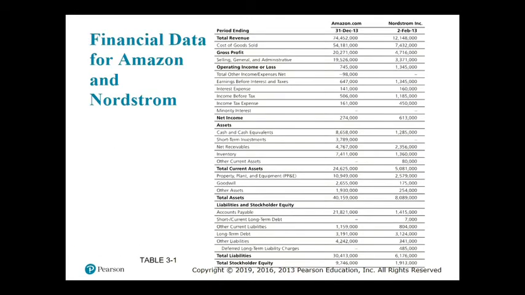Let's look at an example with the financial data of Amazon and Nordstrom in 2013. For Amazon, the net income is 274,000.